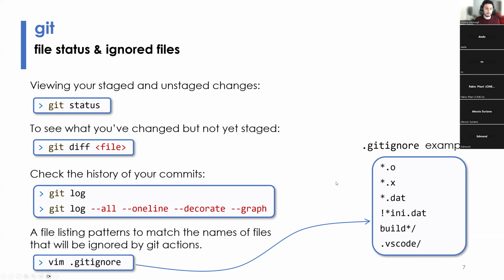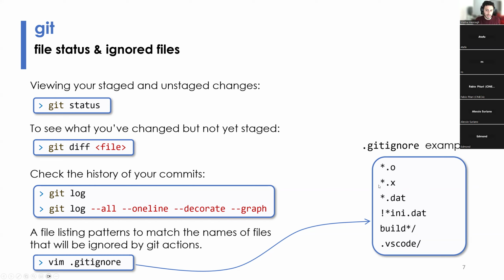Another very important feature of Git is that, of course, if you need it, you can ignore files by putting a sort of file listing patterns in a file called .gitignore. This is an example of a .gitignore with stuff that you maybe would like to put inside of it.